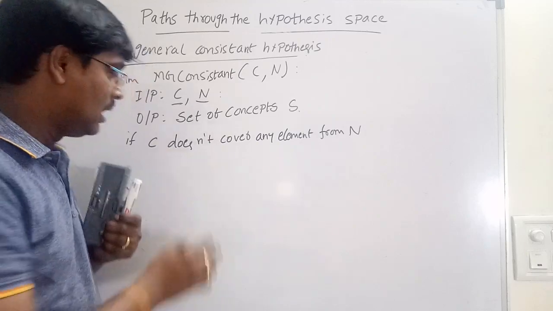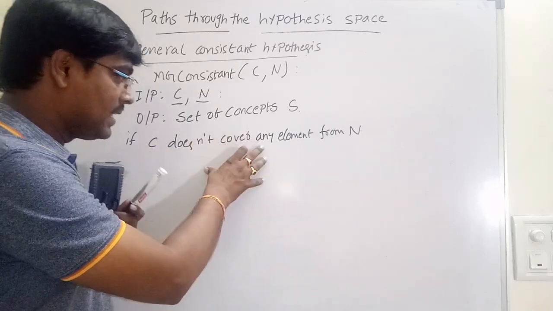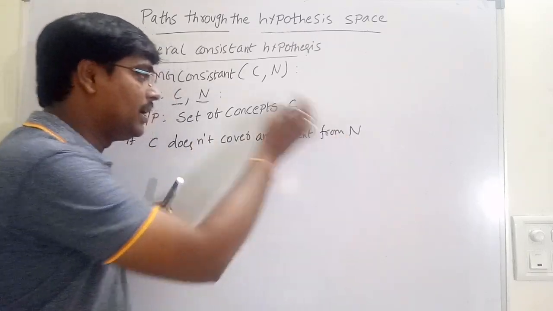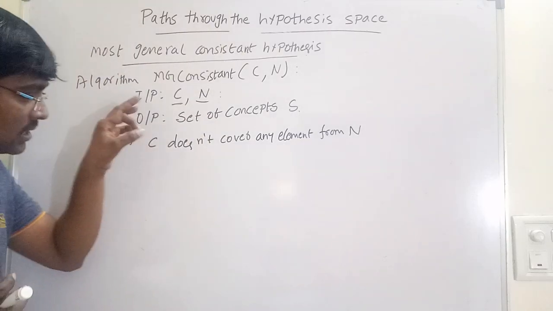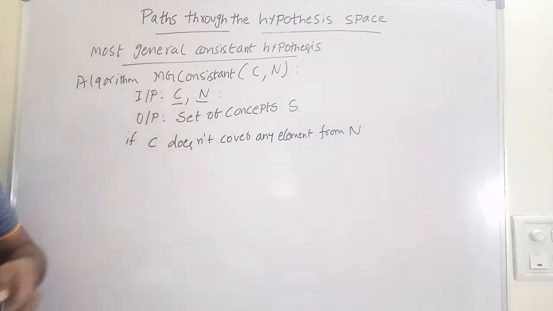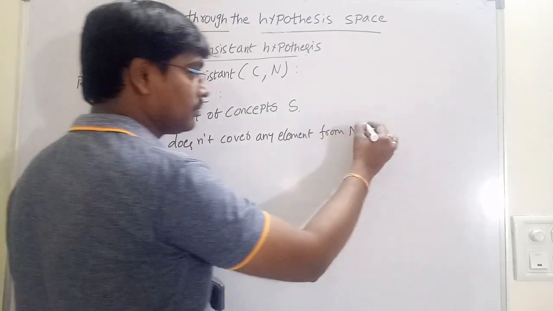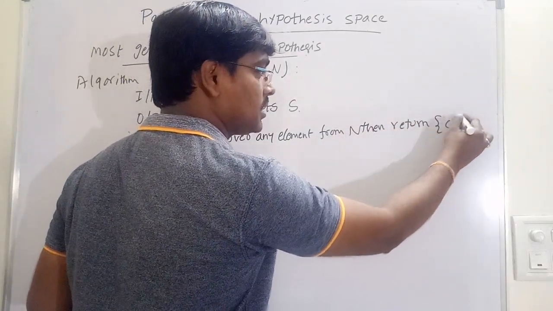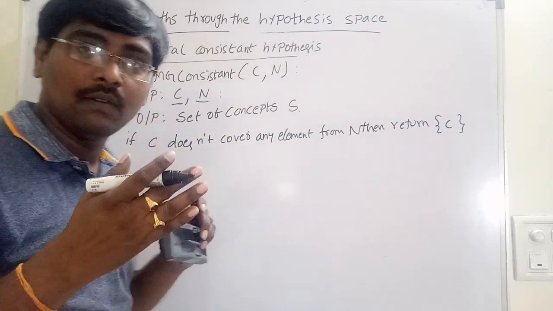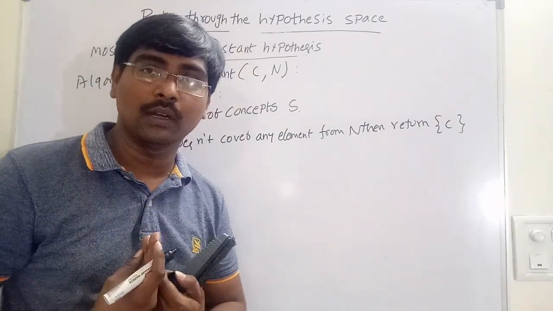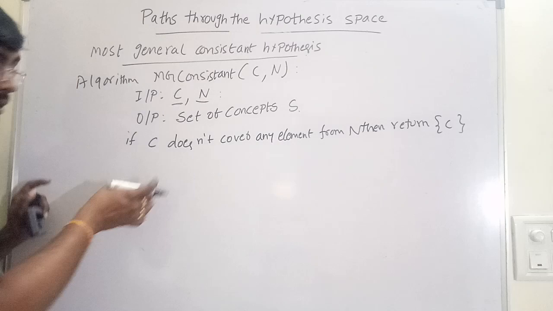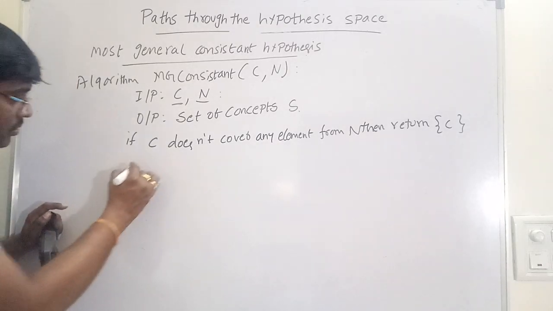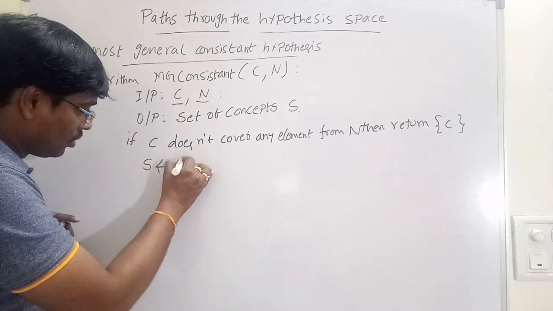If that concept C does not cover any element from N, that is, the concept covers only positive elements, then what will we do? Simply return C. If it does not cover any negative, that is our requirement. So simply return C.